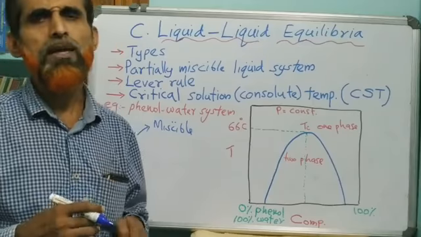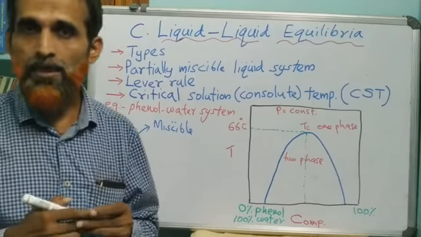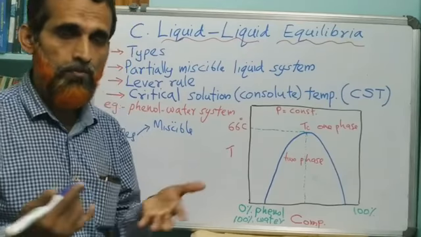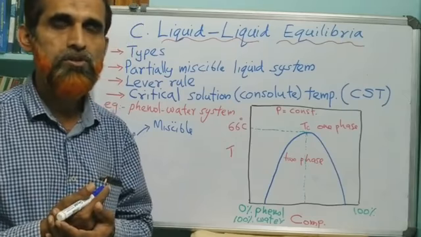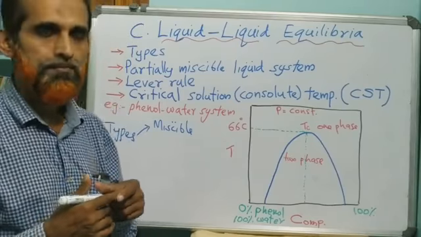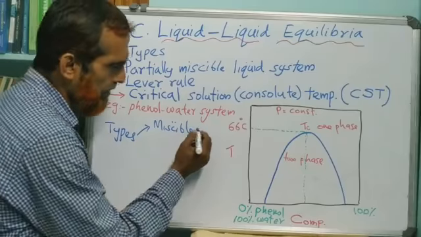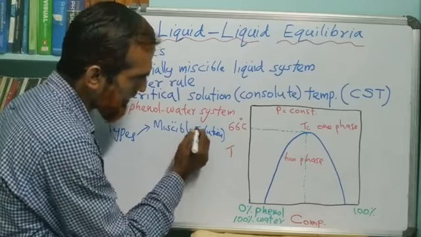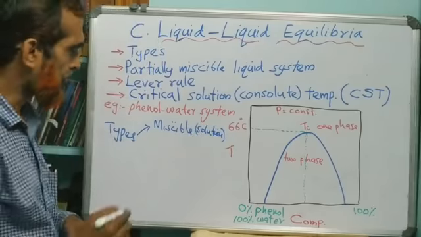Regarding solubility of liquids, we consider a fundamental concept that is called like dissolves like. So water and ethanol are completely miscible, benzene and toluene are completely miscible, etc., which are also called a solution because it is a homogeneous mixture.